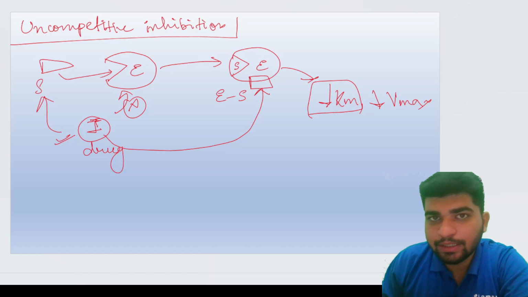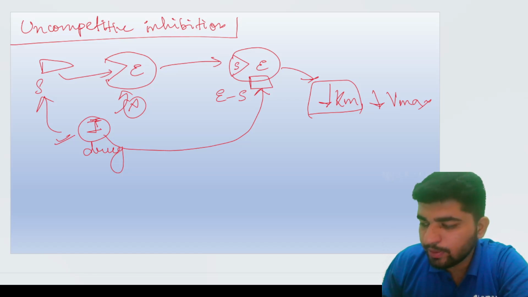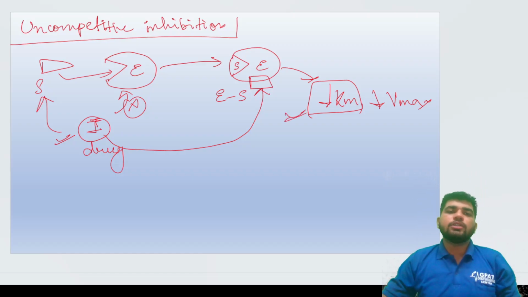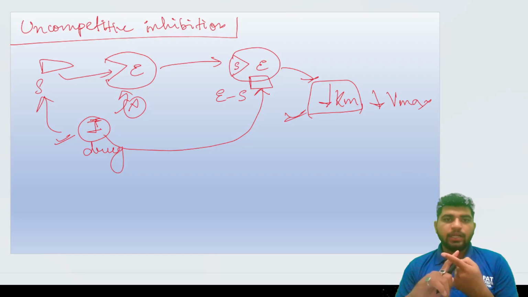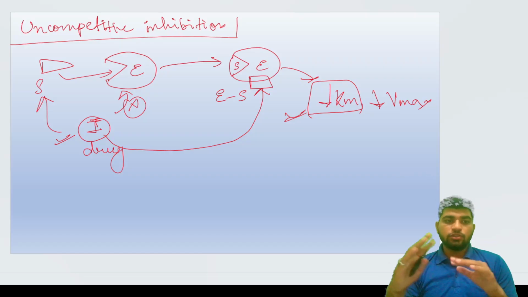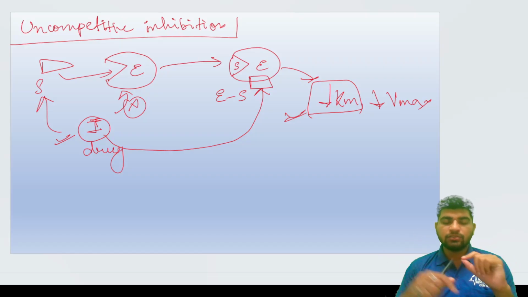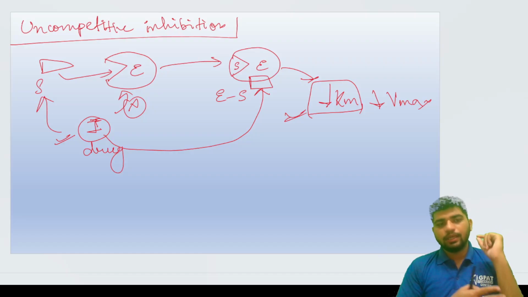That's why affinity is high, and since affinity is high, the Km would be low. All right. So this is all about the concept of competitive inhibition, non-competitive inhibition, and uncompetitive inhibition. So these are the things you should keep in mind behind Km and Vmax. Km is the Michaelis-Menten constant and Vmax is the enzymatic activity.